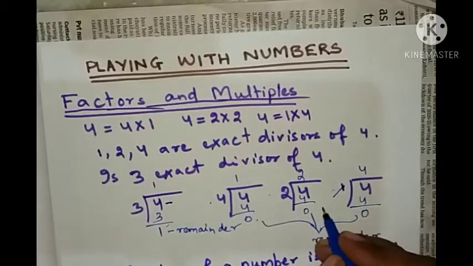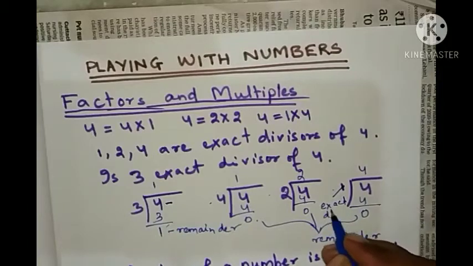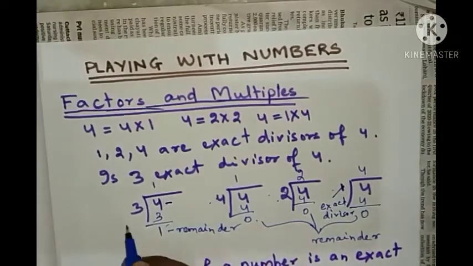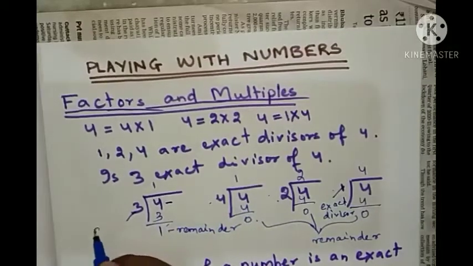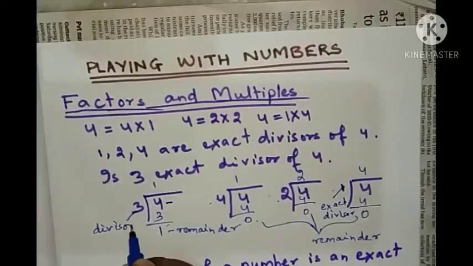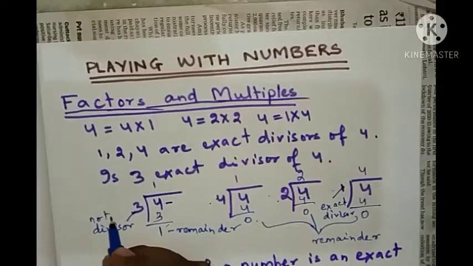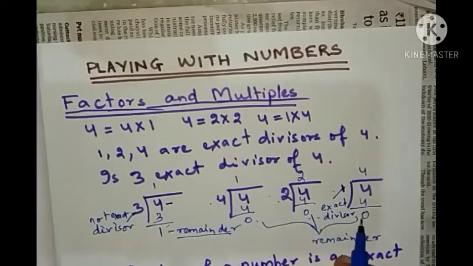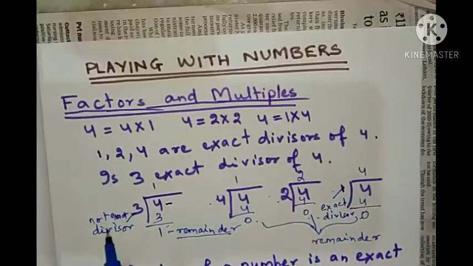These are exact divisors. Here 2 is a divisor, here 4 is a divisor. But 3 is not an exact divisor. 3 is a divisor, but it is not exact, because here we are getting remainder 1. Where we get remainder 0, that is the exact divisor.